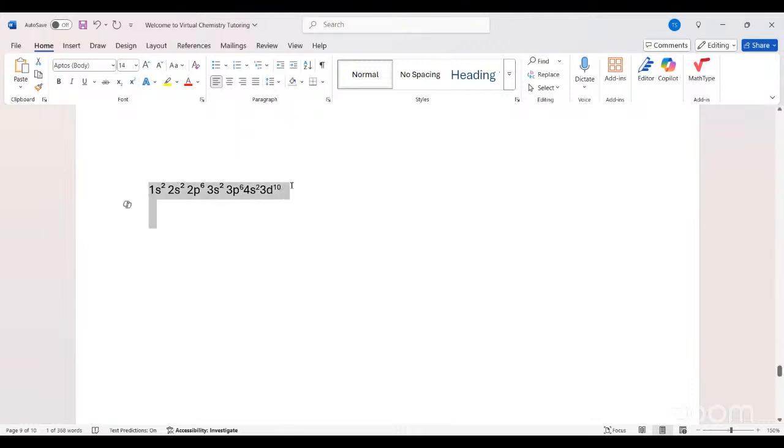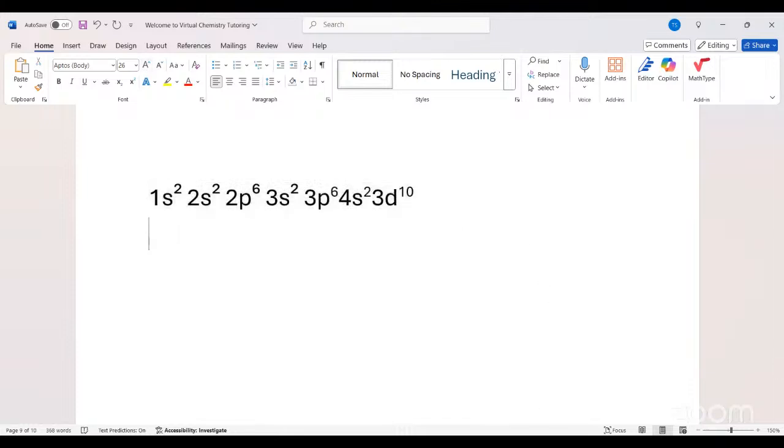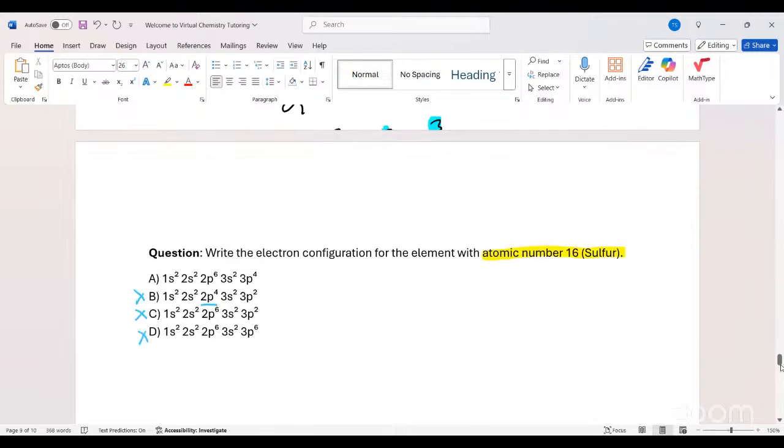If this is like your basic configuration, right? What you can do, like if I ask you, give the electronic configuration for an element, you can just use this as a guide and just subtract from it. So I'm gonna pull the periodic table down so you can pick up what I'm putting down, okay? So here it is right here.